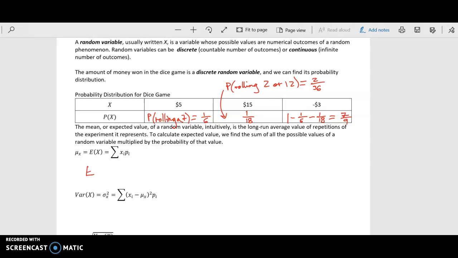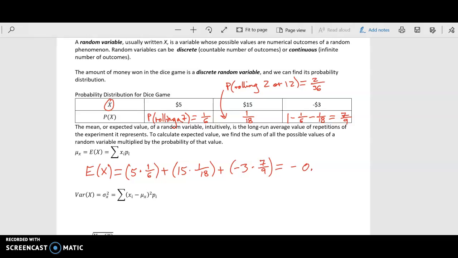So the expected value of X, our discrete random variable, is the first possible winnings times its probability of happening, plus the second possible outcome times its probability of happening, plus the third possible outcome times its probability of happening.